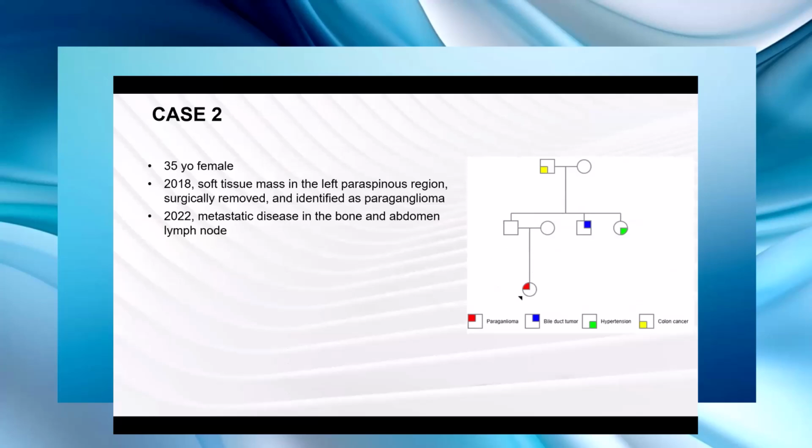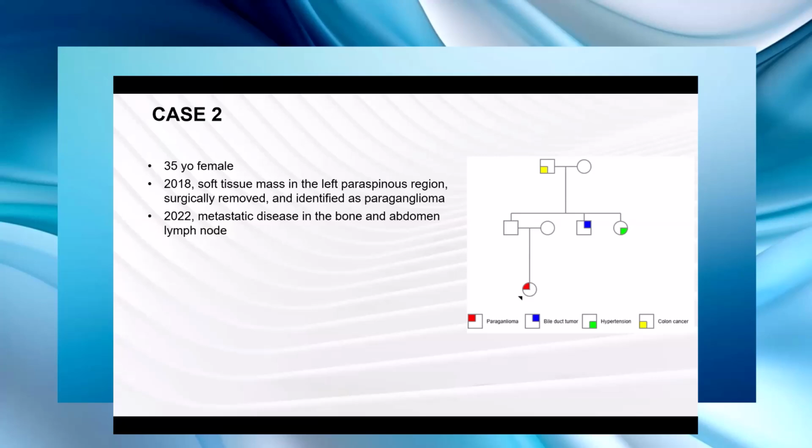So case 2 involves a 35-year-old female patient who in 2018 had a soft tissue mass identified and surgically removed, and it was later identified as a paraganglioma. Four years later, she had metastatic disease in the bone and lymph nodes.